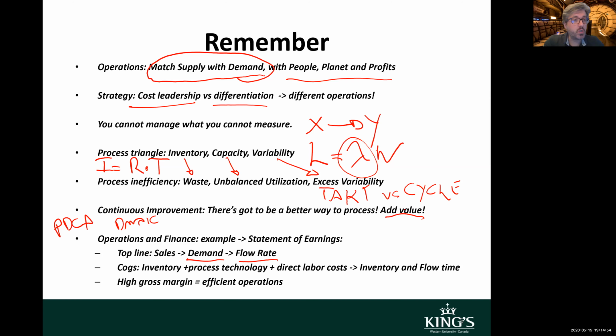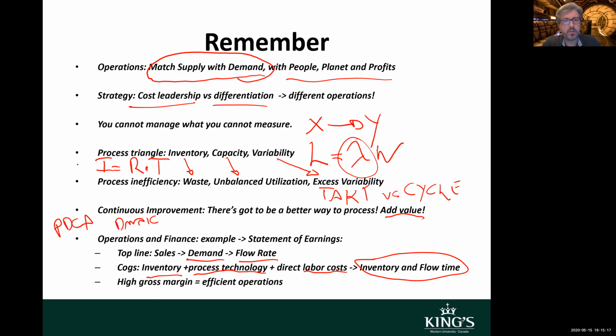COGS, cost of goods sold or cost of services, depending on how you see things, is the sum of your inventory plus any kind of overhead that you have from your manufacturing, which is your process technology and direct manufacturing costs, labor costs, right? So COGS is basically inventory and flow time. So look at that.